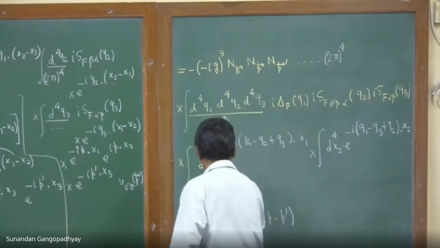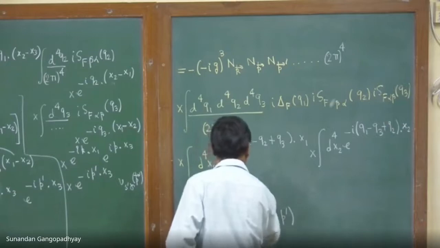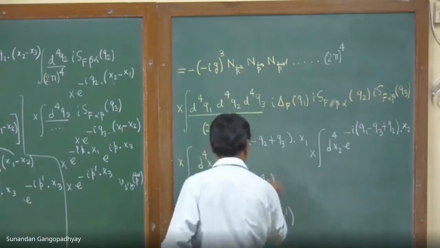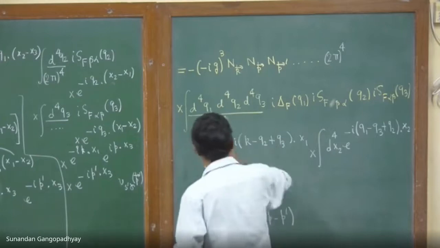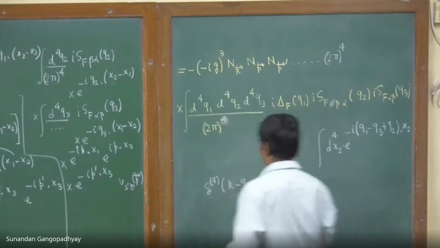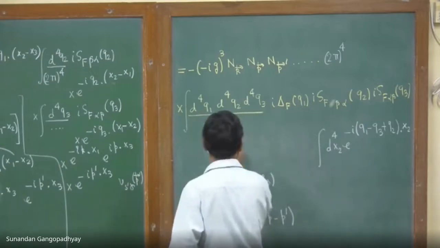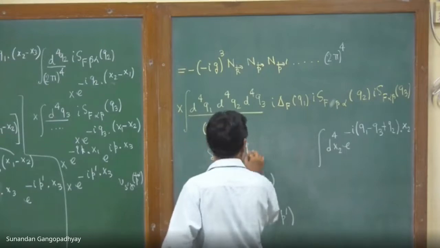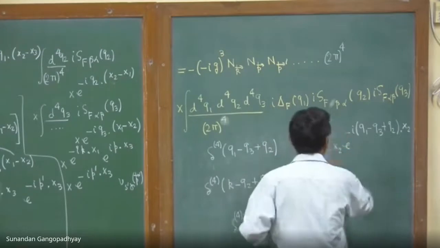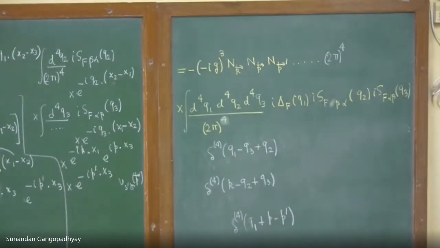This one is delta 4 of a 3, and then the other integral, delta 4 of 1. I don't know whether I wrote it correctly or not; check with my calculations. I have three Dirac delta functions.